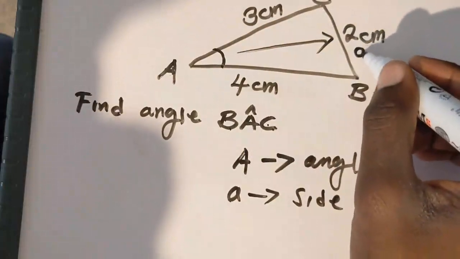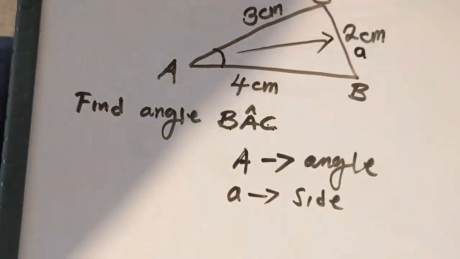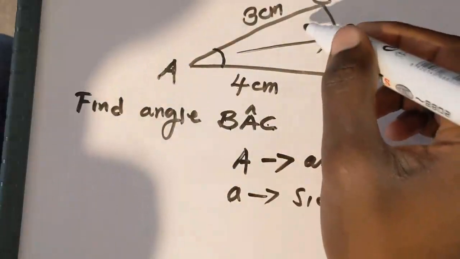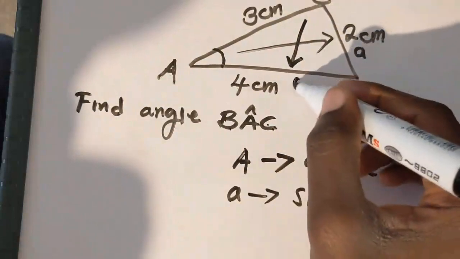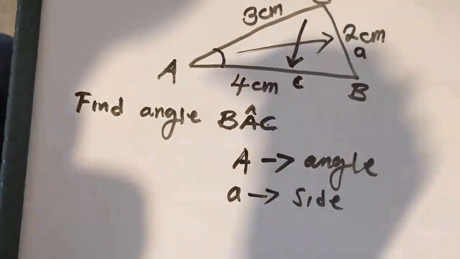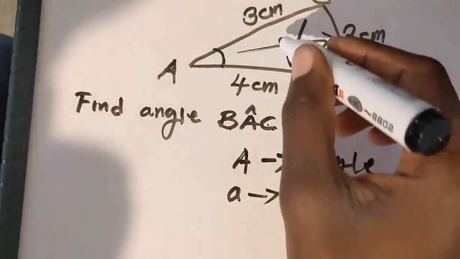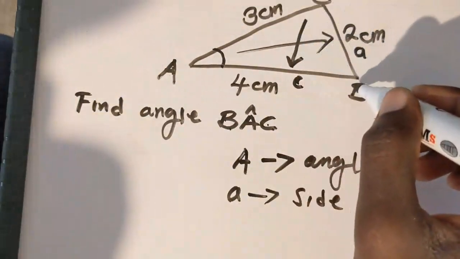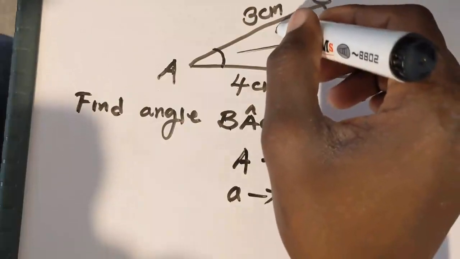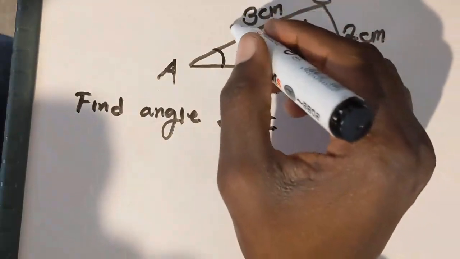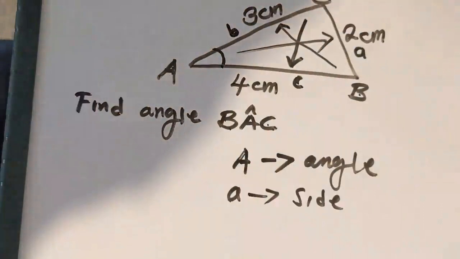There is capital letter C, meaning that down here there is small letter c. Even this B is opposite to this side here, so this is where the small letter b is.